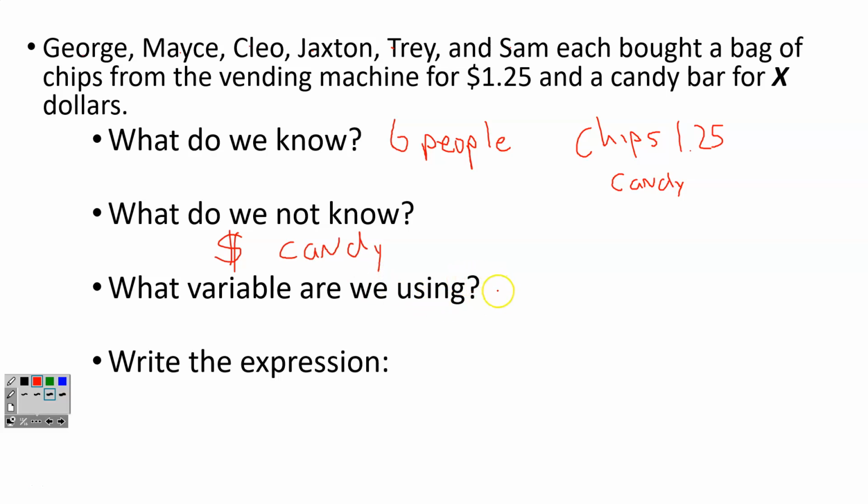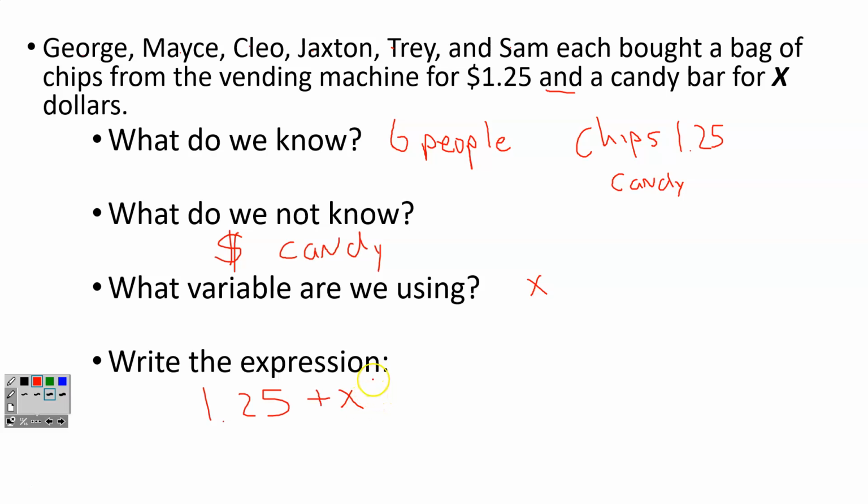What variable are we using? It doesn't matter what you choose. I'm just going to use X just because that's the most common. So let's just say it's just one person. Let's just say George. Forget about the rest of them. George gets a bag of chips for $1.25 and a candy bar, which is X. So that's just for George.